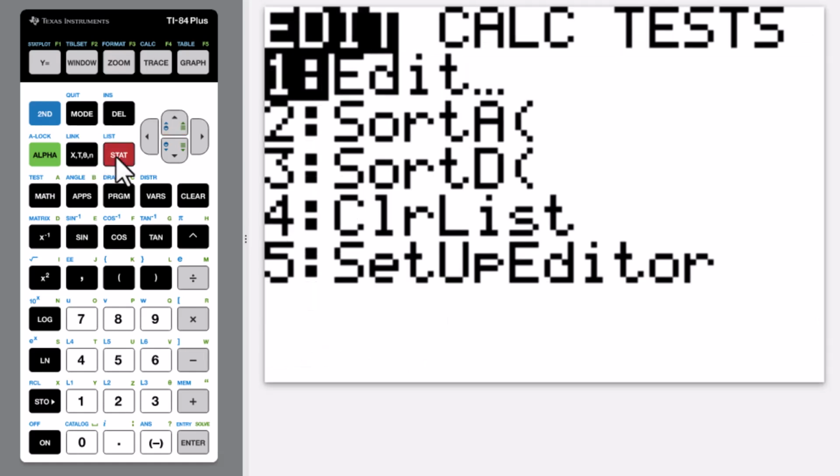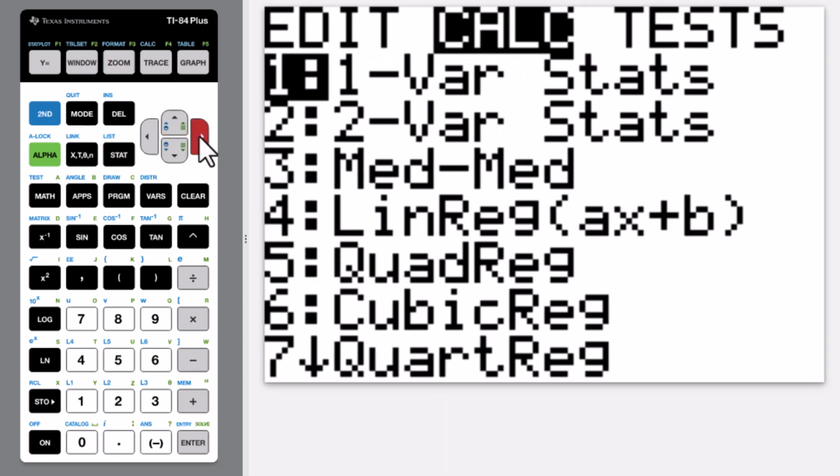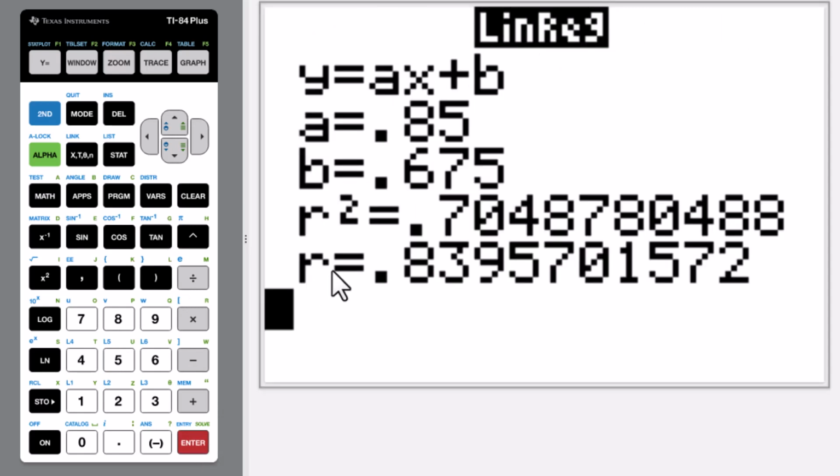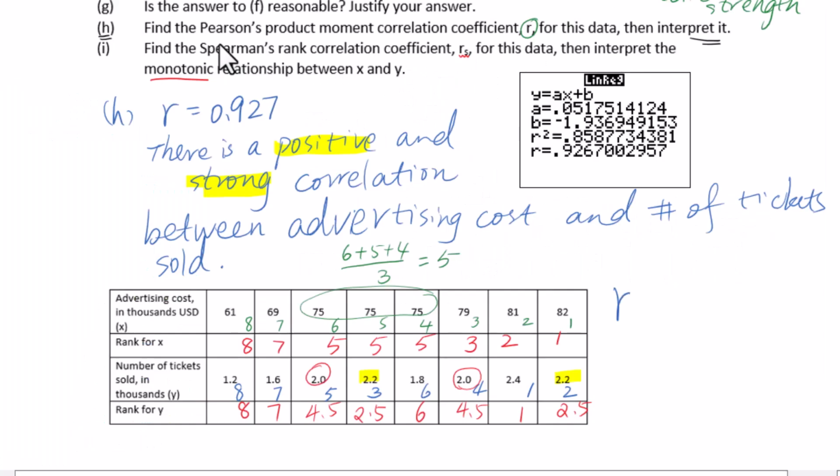Go to stat, calculate, go to 4, then enter. This time, we only focus on the Spearman's correlation coefficient, 0.840. So rs equals 0.840.